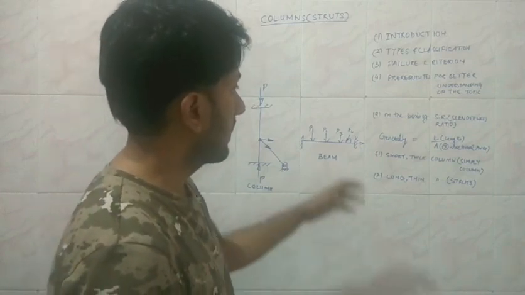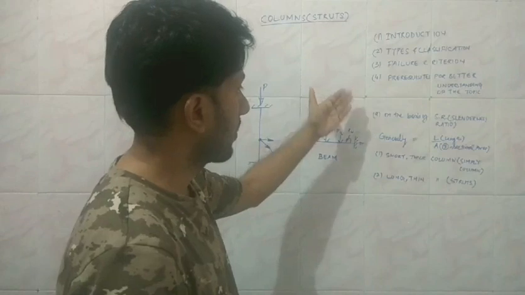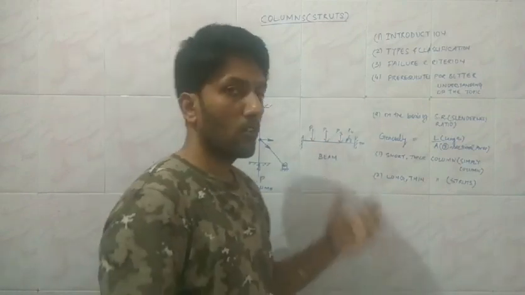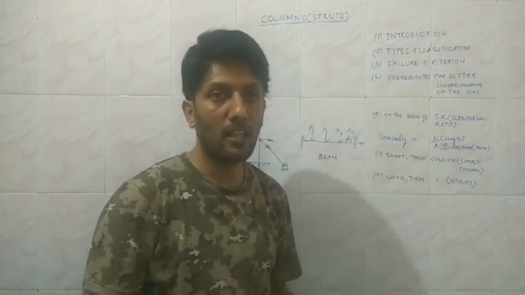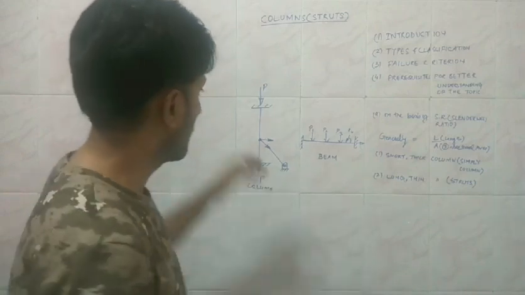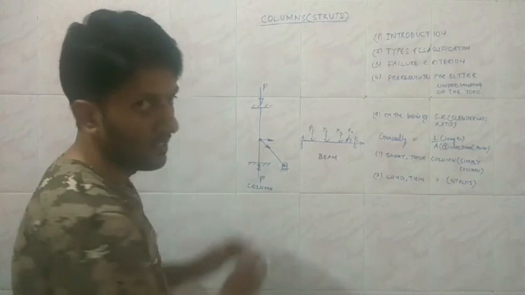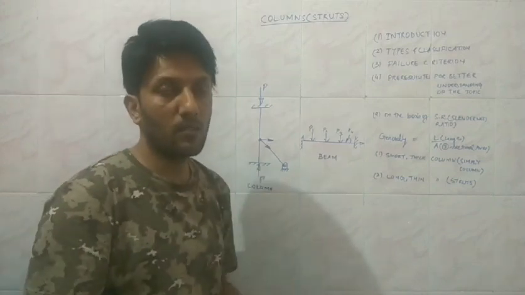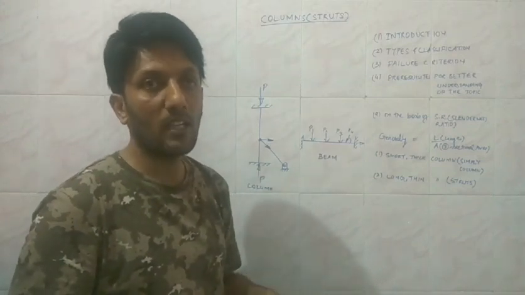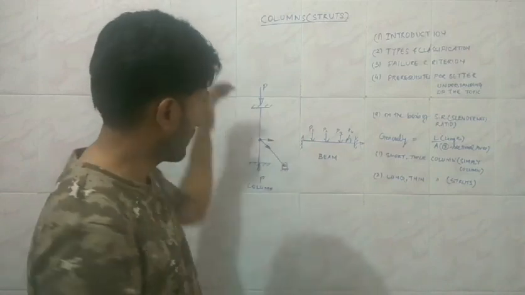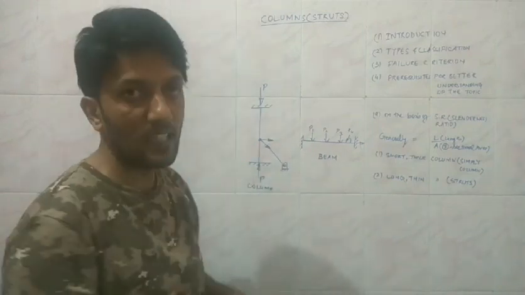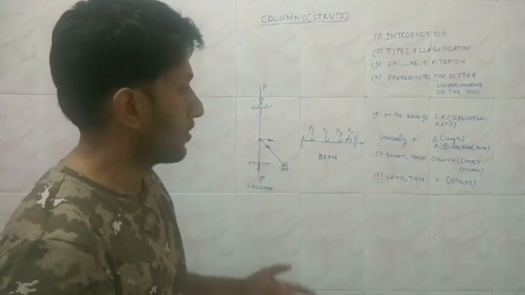But in case of your columns, because the columns are also subjected to an indirect load, that is the bending moment. See, this is an example of a column. When the load is applied, it buckles or crumbles, meaning it is subjected to an additional indirect load because of this direct loading. That indirect load is the bending moment.